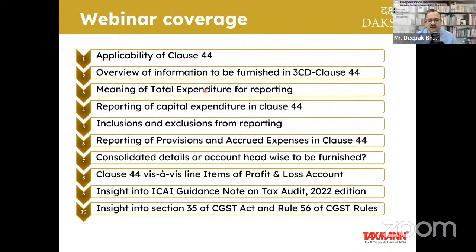And then Clause 44 vis-a-vis the line items in a profit and loss account which need to be examined as far as Clause 44 is concerned. Then insight into the ICAI Guidance Note on tax audit issued by the Institute of Chartered Accountants of India. And we will also look at the provision of Section 35 as well as Rule 56 of CGST.